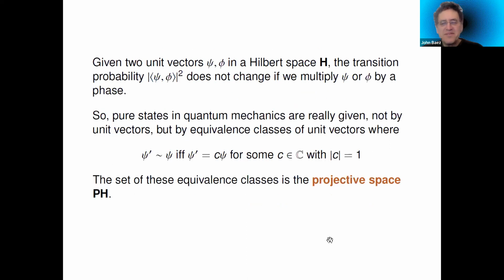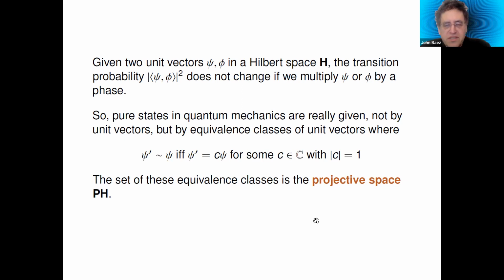Okay. So here what I'm trying to do is motivate everything from physics. And so I remind folks that pure states in a Hilbert space aren't exactly unit vectors in the Hilbert space. From some point of view, the best way to think of a pure state is as an equivalence class of unit vectors, where two count as the same if one is the other multiplied by a phase.